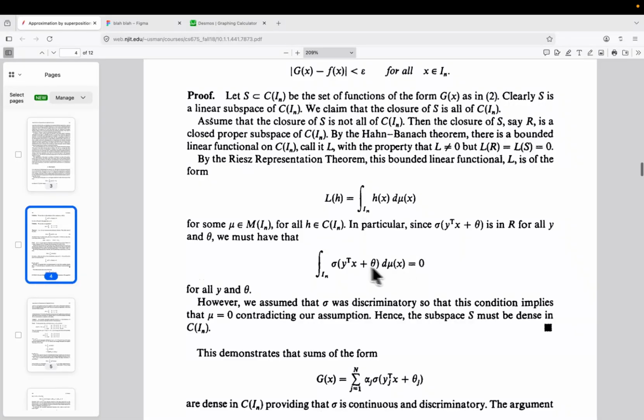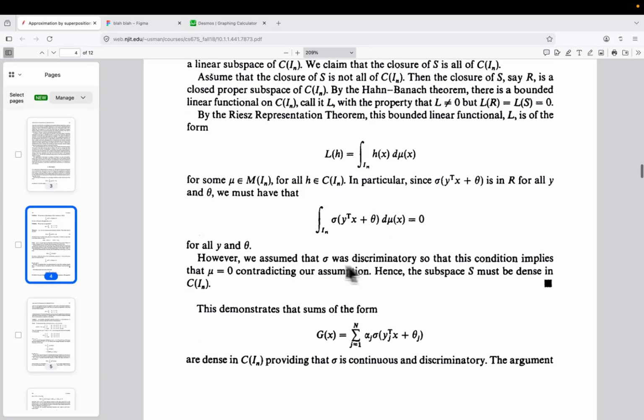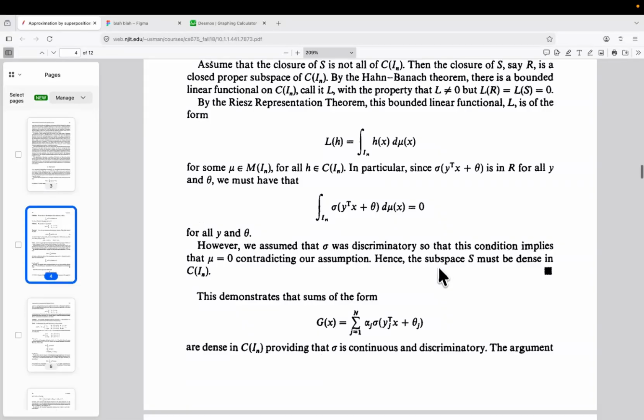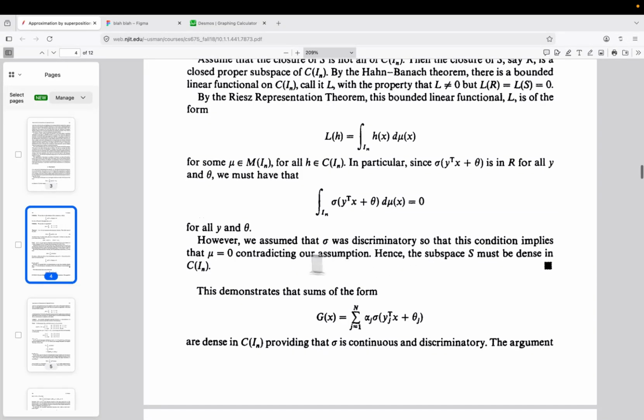You must have that all of the sigmas are 0. However, we assume that it's discriminatory, so this condition implies that mu equals 0, contradicting our assumption. Hence, our subspace must be dense.